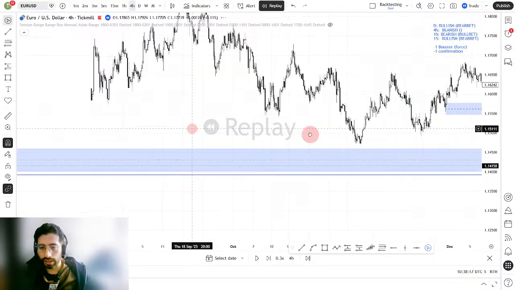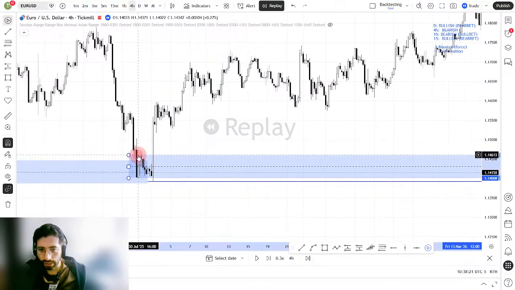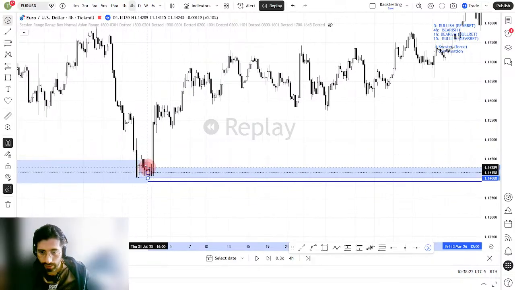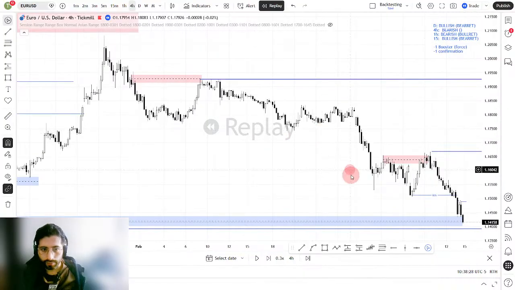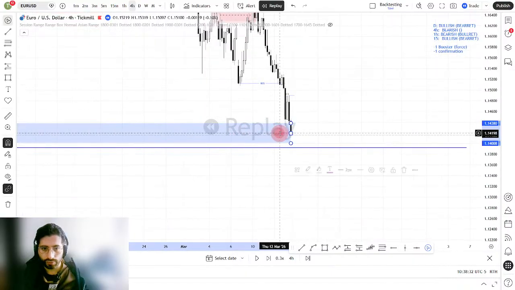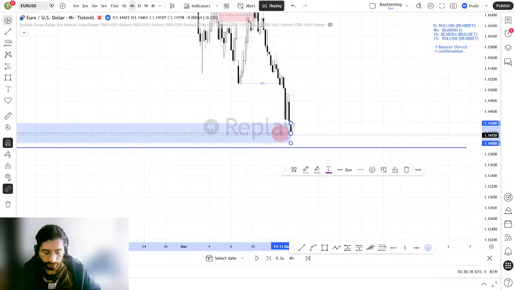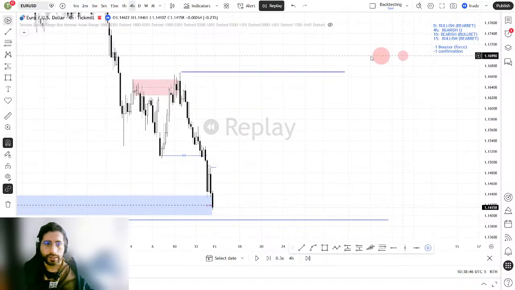This is a daily order block, but if we refine it to the 4-hour time frame, there you go. The price is in the daily order block refined to a 4-hour order block. It means that if in 15 minutes we have a confirmation, the price can likely go up and continue with the retracement.